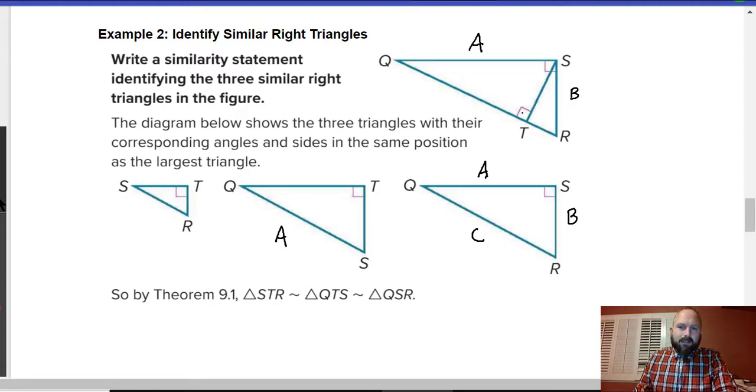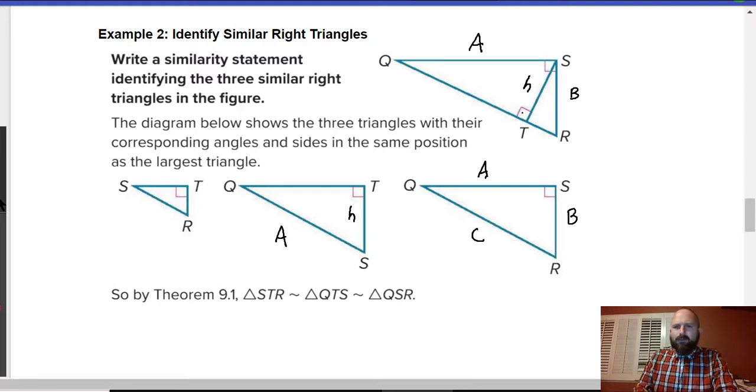Now this altitude that's cutting it across right here, we can call that H. So we're going to call this one H right here. And so we can figure out each of these little values if we can get information regarding the triangle.